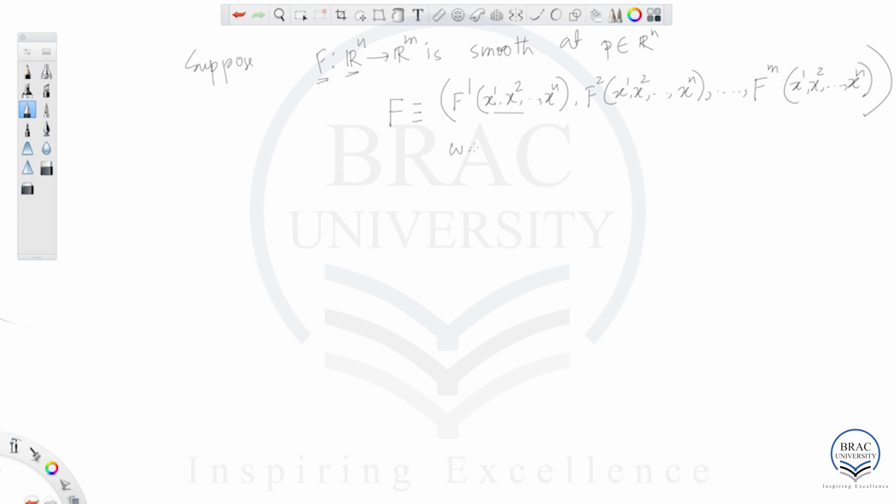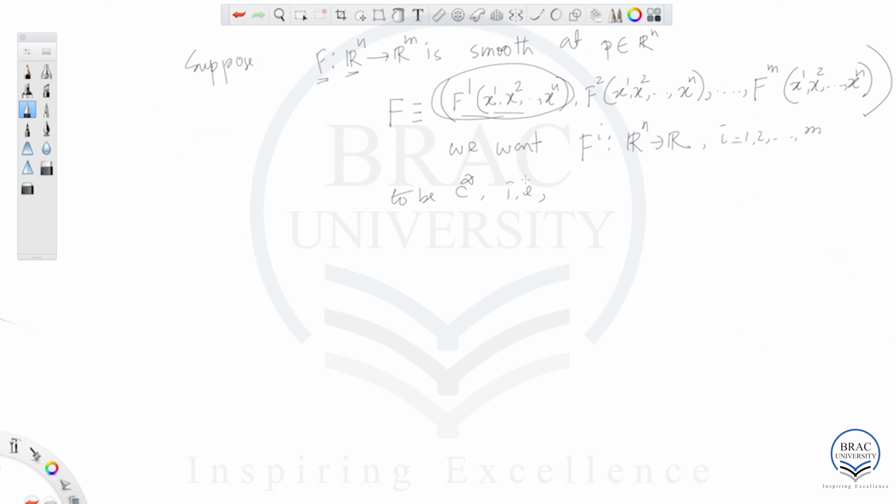When we say that it's a smooth map between these two Euclidean spaces, each Fi being a function from R^n to R, these are all real valued functions on R^n, we want each Fi, i from 1 all the way up to m, to be C infinity.